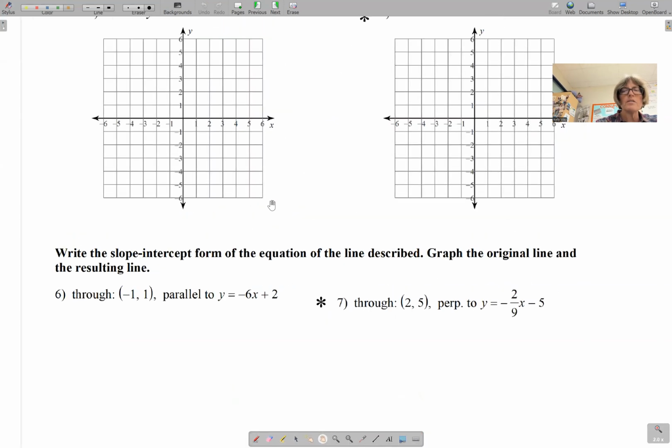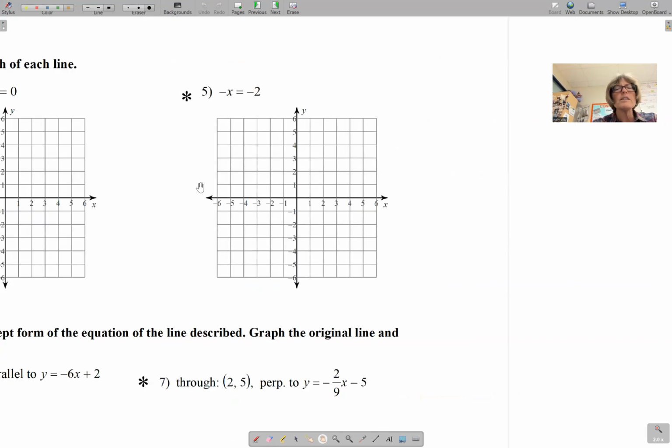Graphing of lines. Negative x equals -2. We need to change this to a positive, so we're going to divide by -1. So I get x equals 2. Let me show you what this is not. This is not this. Ta-da! Because that is the single point, (2, 0).